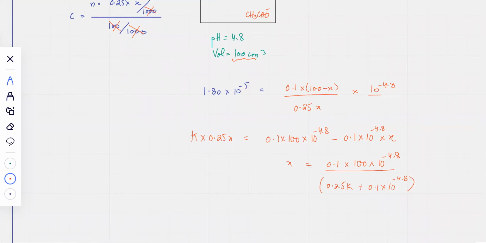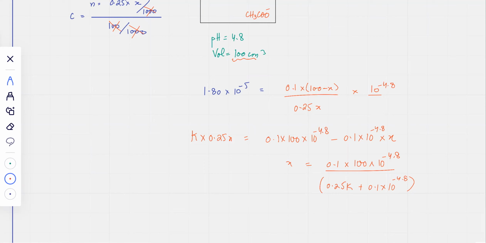So just try and solve what you get for x. 6.39 multiplied by 10 to the power of negative 4. You shouldn't be getting that.